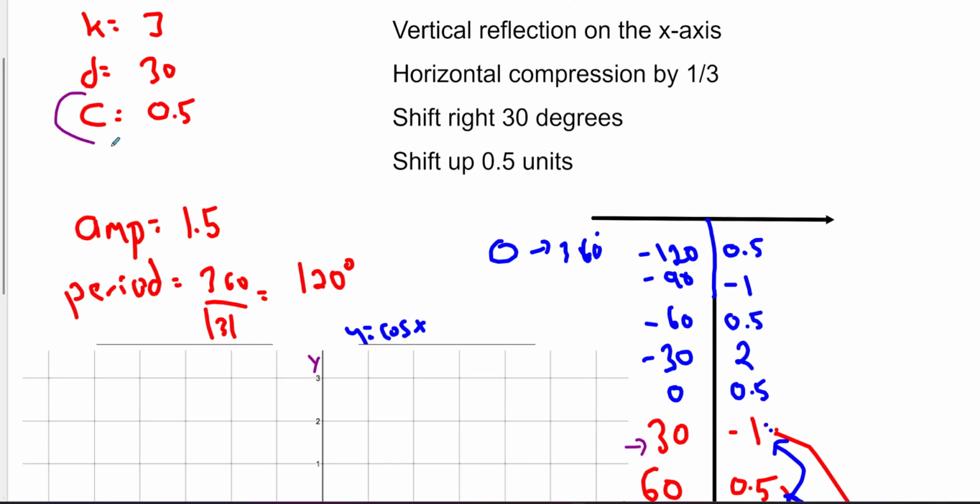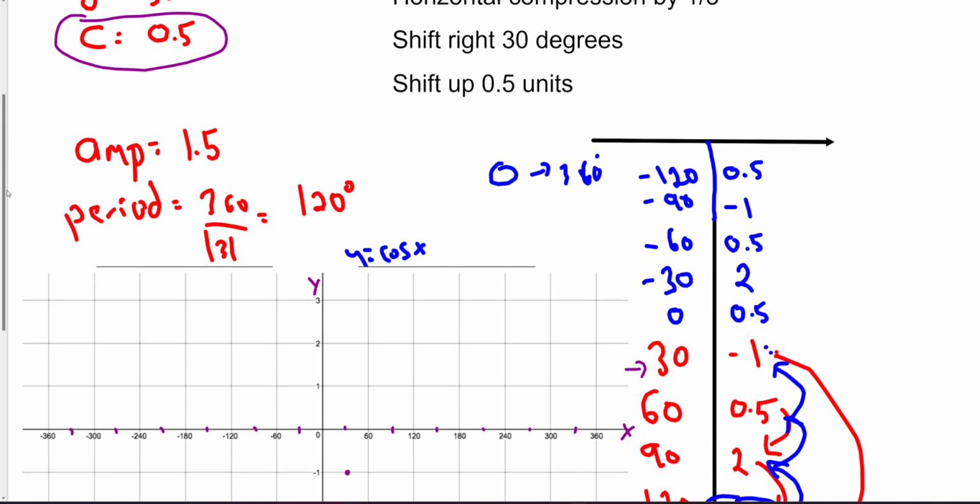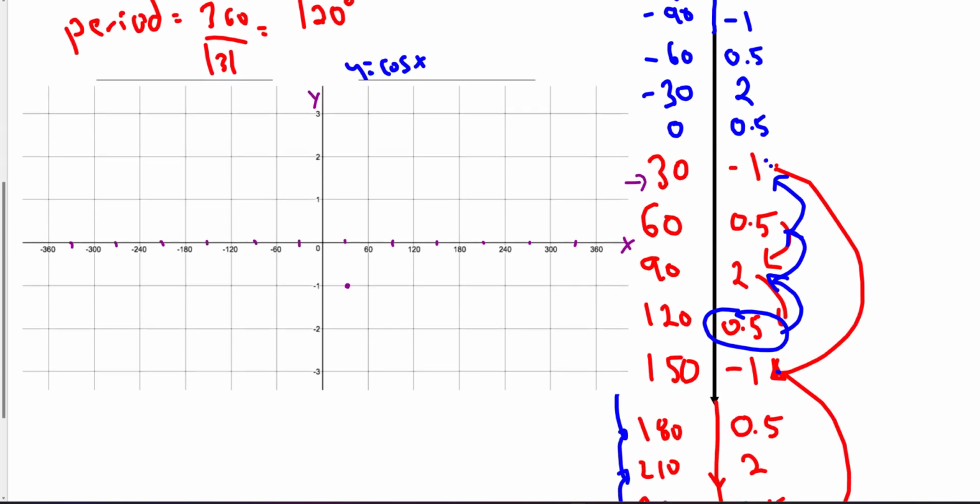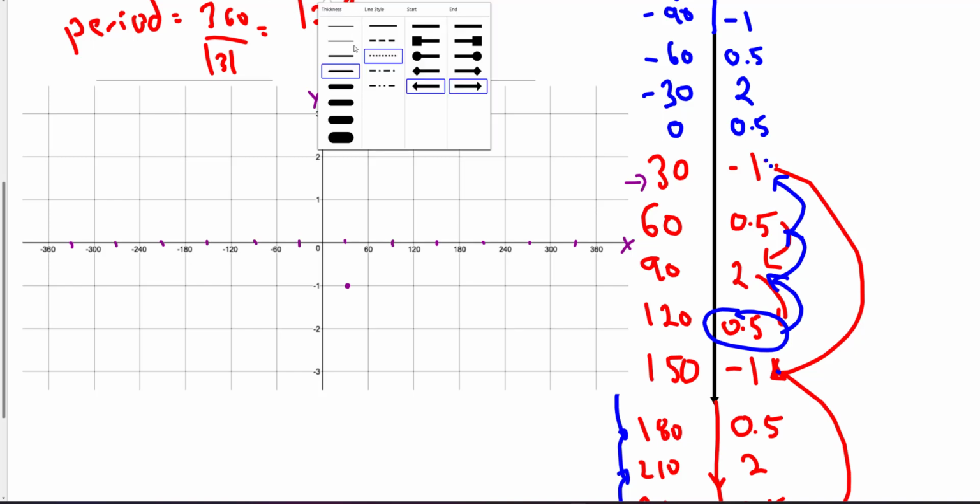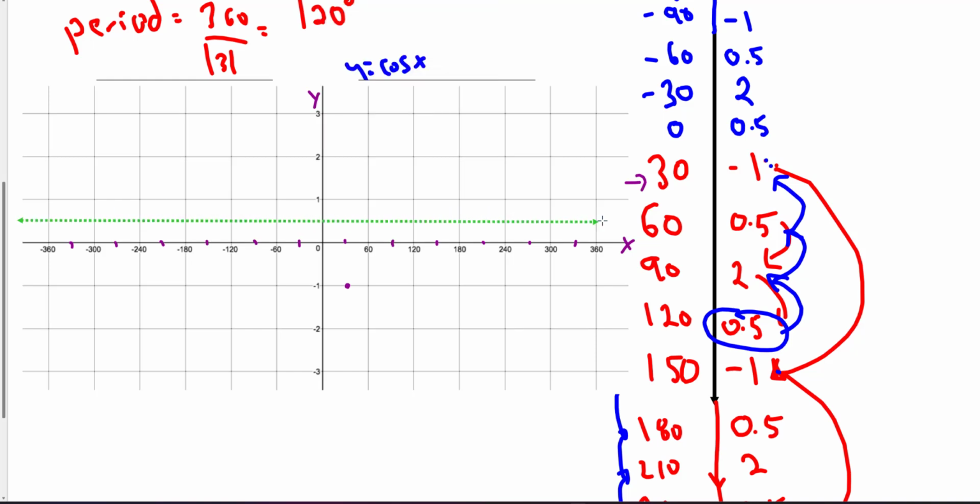Your midline is always your C value. So just find your C value, 0.5, and now draw a nice dotted line at 0.5. So you always start like that. Always, trust me, always. Just do it.